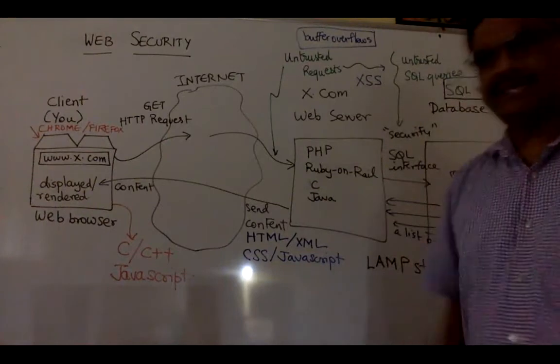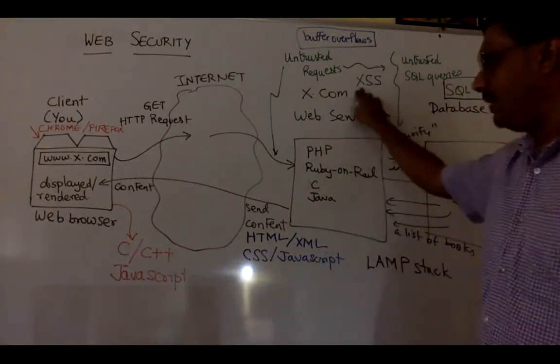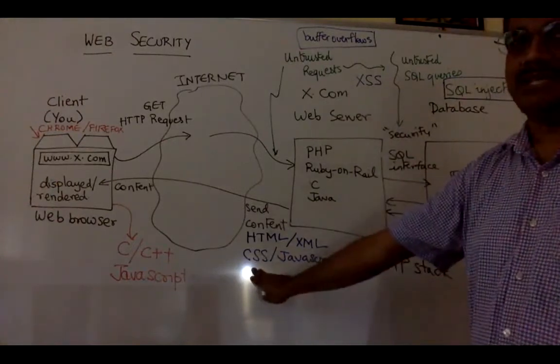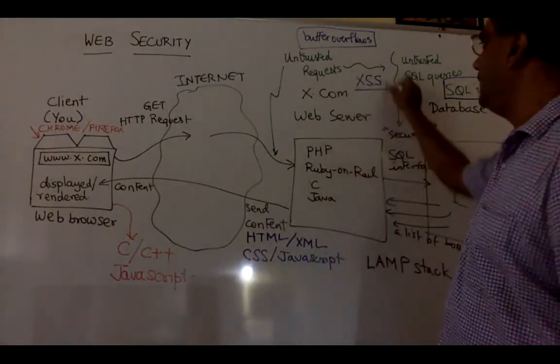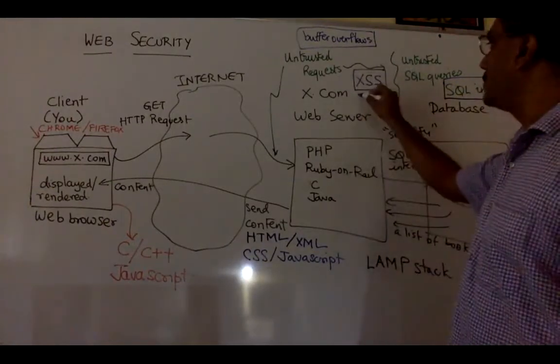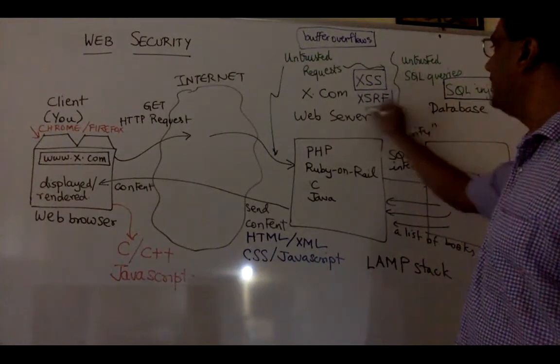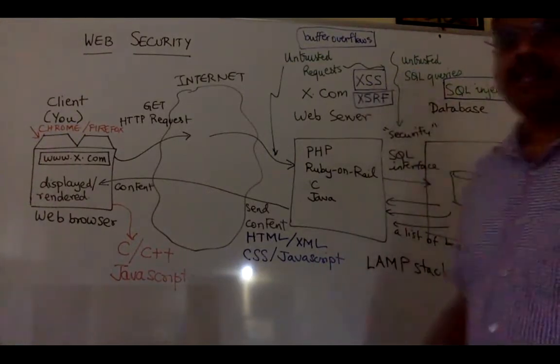It also goes by CSS, but I generally prefer not to use that term CSS because it also stands for cascading style sheets. So cross-site scripting attacks, which we will study in detail, and also cross-site request forgery attacks or XSRF or even CSRF attacks, as they call them.